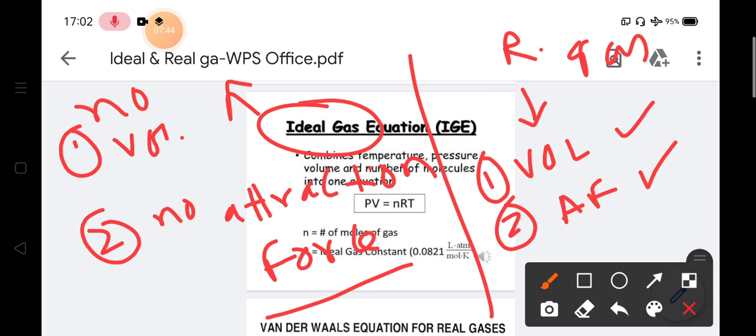And number two, in the case of ideal gas there is no attraction force between them, so there is no attraction force term. But in the case of real gas we need a force of attraction term to justify that equation. So to justify the real gas scenario we need two more terms: number one is the volume term and number two is the attraction force term.